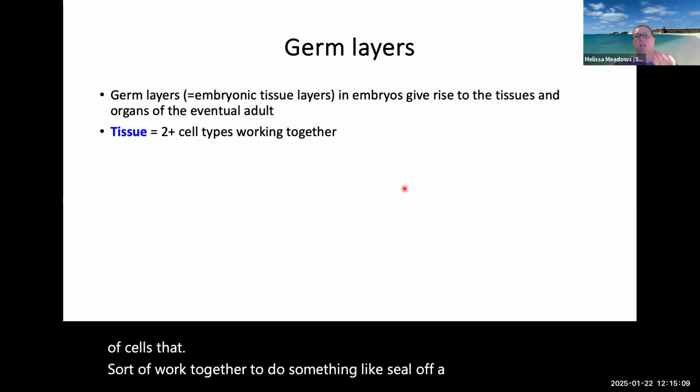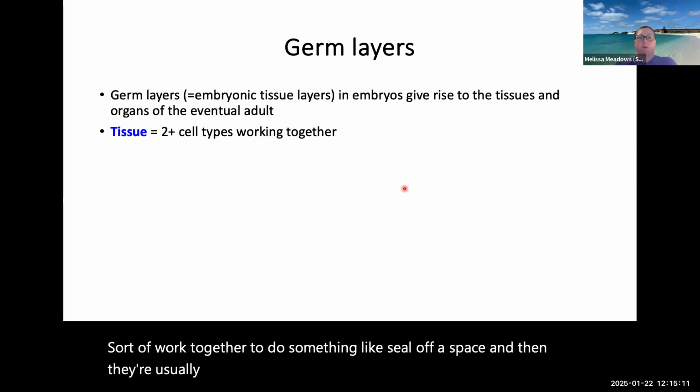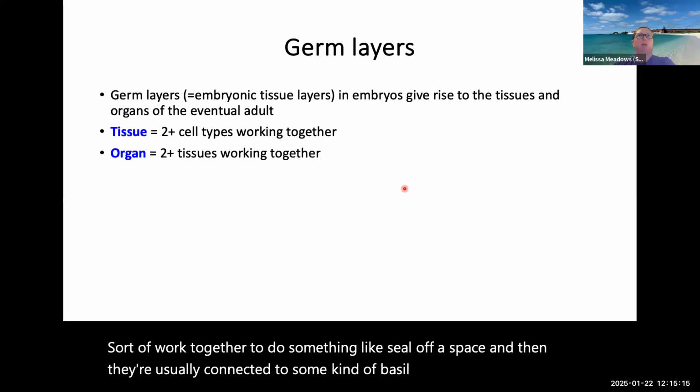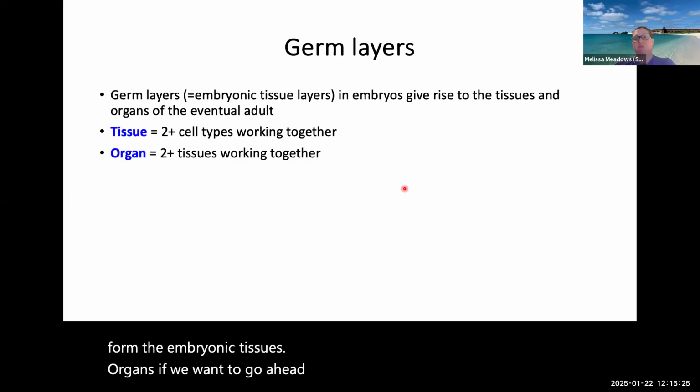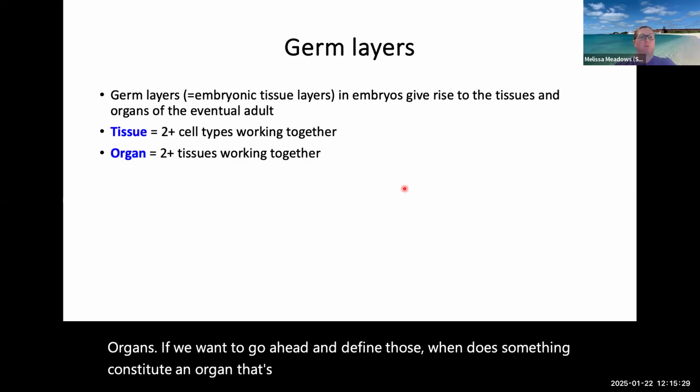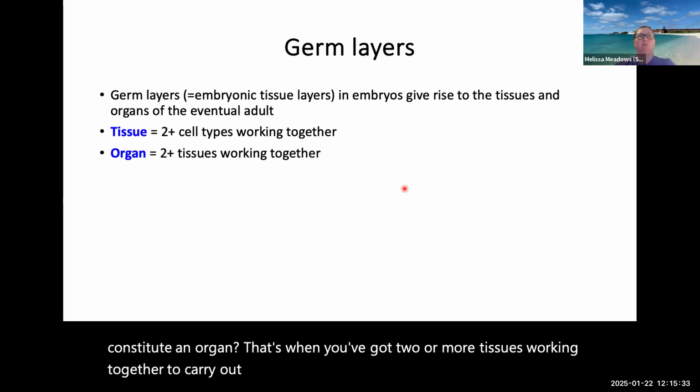And then they're usually connected to some kind of basal lamina. So we're starting to form the embryonic tissues. Organs, if we want to go ahead and define those, when does something constitute an organ? That's when you've got two or more tissues working together to carry out some kind of function.